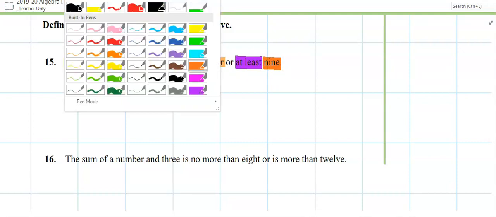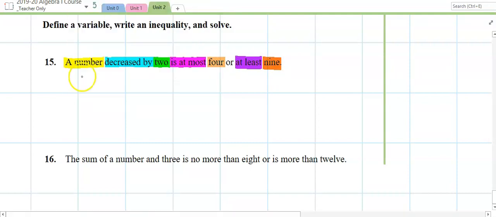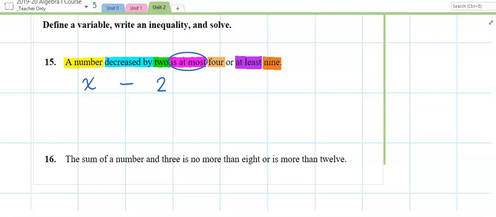So let's begin translating. A number, we'll call it x, decreased by 2 is at most. When you see is at most, think about what happened earlier when we had is at least. Is at least means greater than or equal to.